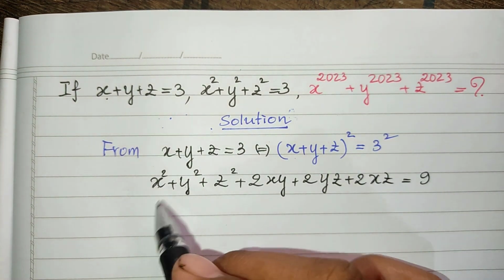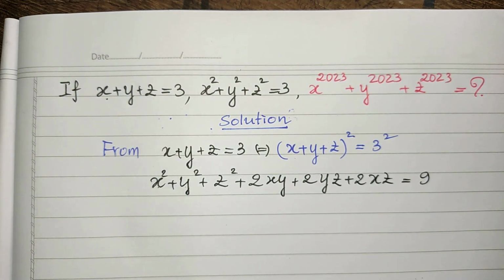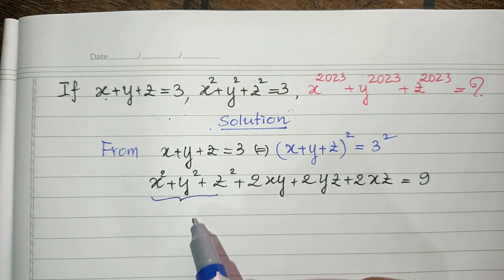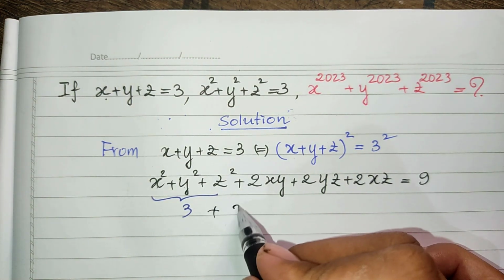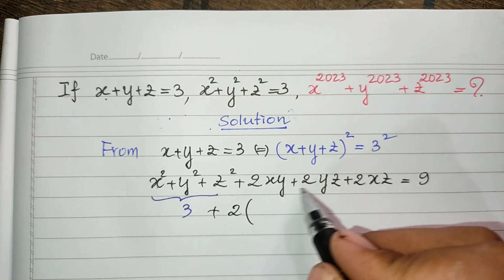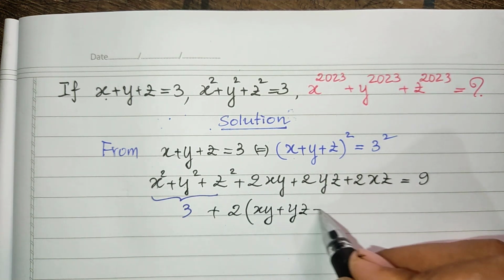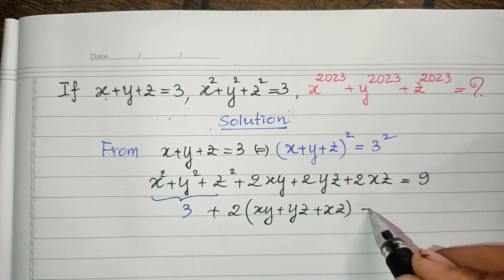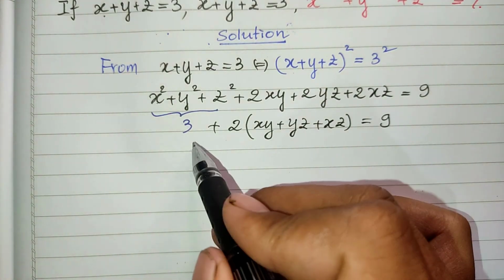Now x squared plus y squared plus z squared equals 3. So 3 plus 2 multiplied by xy plus yz plus xz equals 9.